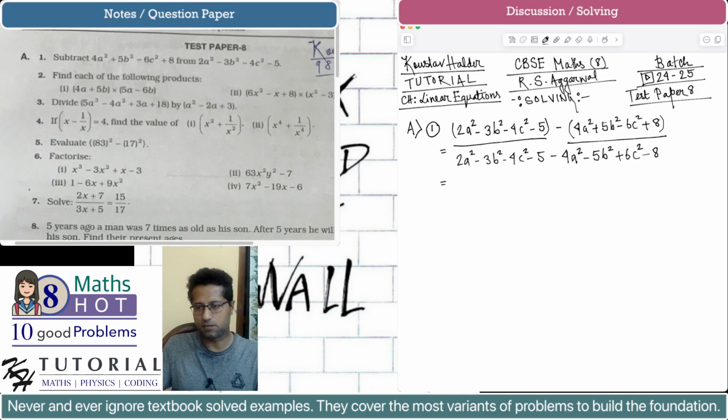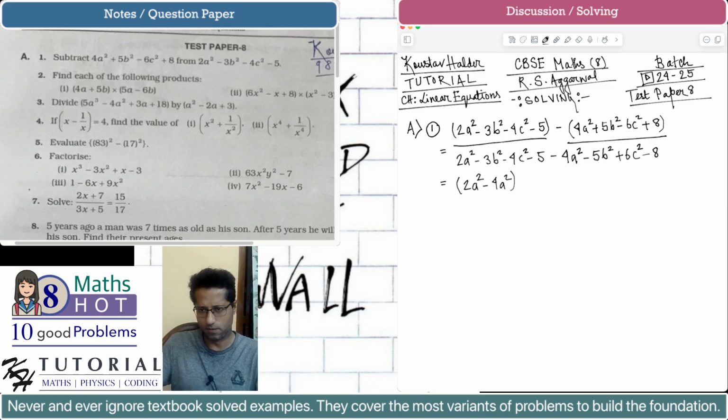Now the next task is to group all the like terms and add them. Let's group the like terms of a square: we have 2a square and minus 4a square.